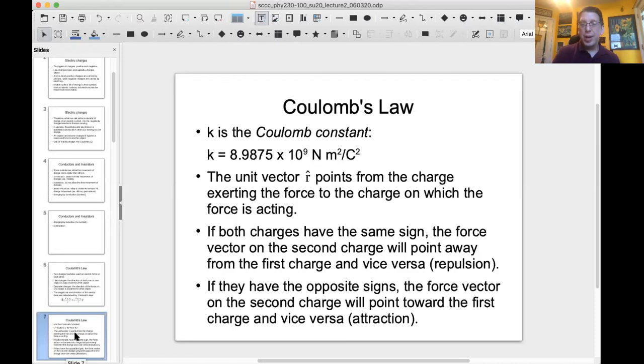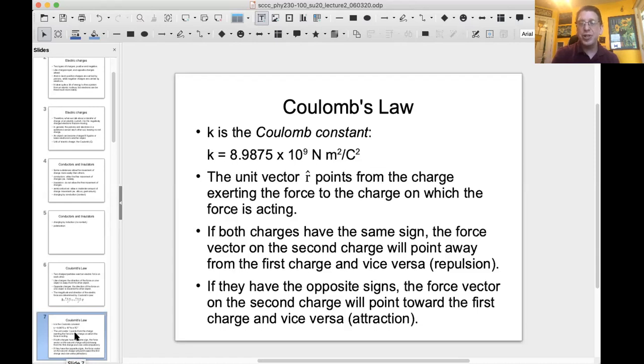So again, the Coulomb constant is equal to 8.9875 times 10 to the positive 9. That's important. Newton meters squared per Coulomb squared. The unit vector r hat points from the charge exerting the force to the charge on which the force is acting. And the vector r does as well.